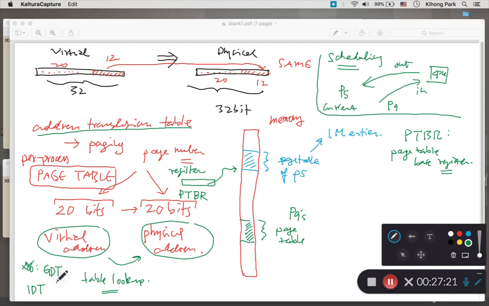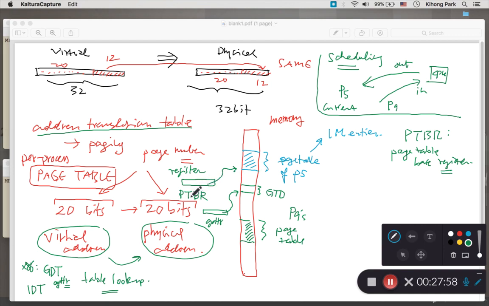So we said that in x86, as an example, there's this register called GDTR, which points to where in memory this table called GDT is located. And the same goes for IDT. Of course, this needs to be configured once when we bootstrap and initialize the kernel. So it's done once and then it doesn't need to change anymore.